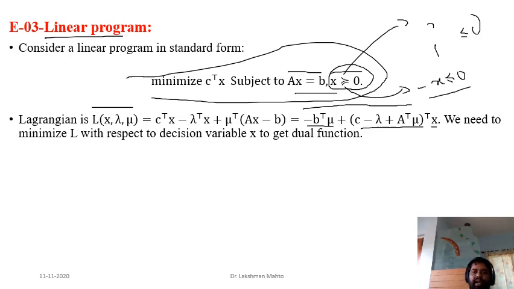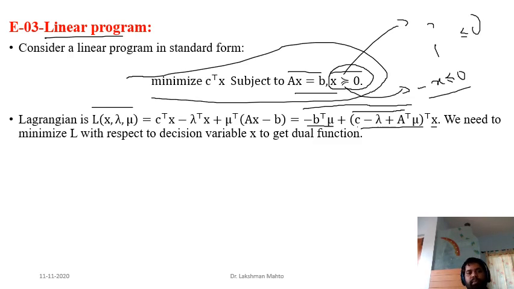So we don't need to apply a calculus technique to find a stationary point of this one. If this coefficient of X is non-zero, then definitely it would be a linear or affine function, and that affine function is unbounded. A bounded value comes when the coefficient of the linear term is 0.